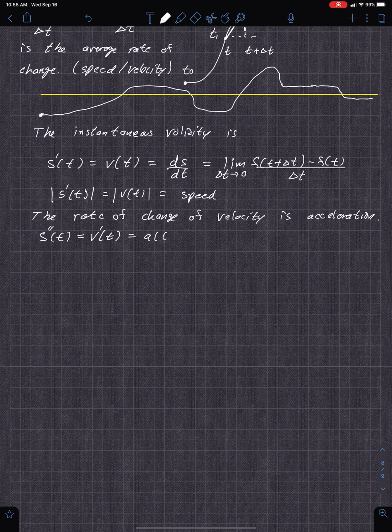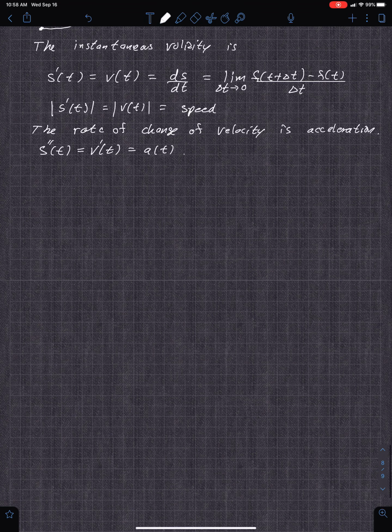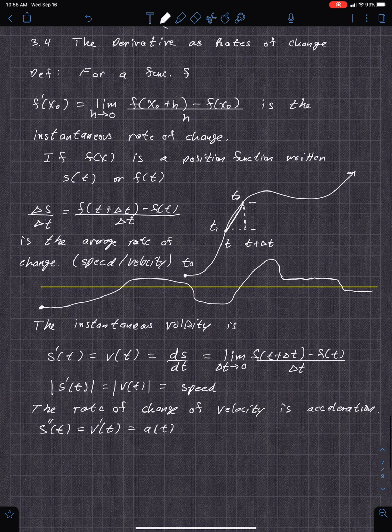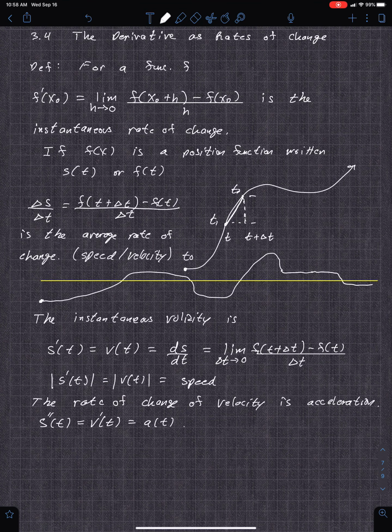We use a of t. And we're not going to be doing the limit definition so much on this at all. We're going to just be taking derivatives. So all I have left, really, that's really it. There's a lot more to that section, but this is all I need you to know.